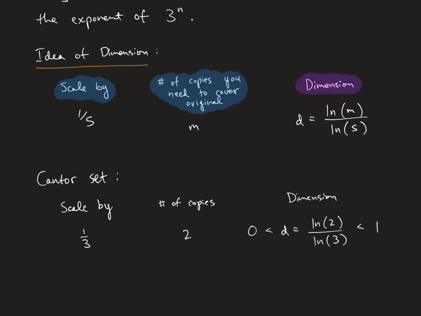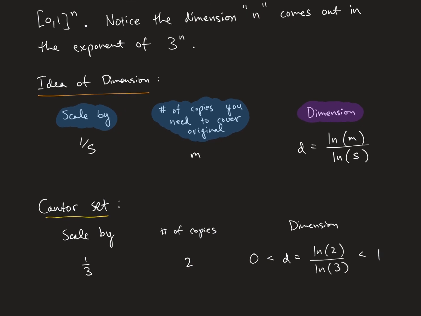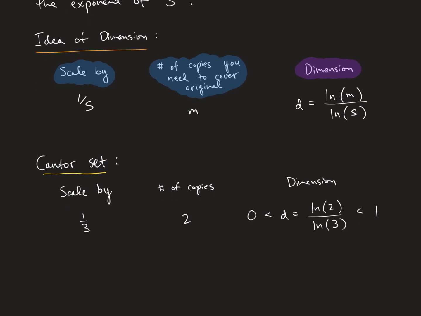Okay, so kind of a funny idea. First of all, this is not even really rigorous. I've only indicated the basic idea of dimension. But in fact, one can make this whole thing rigorous and show that this is the correct dimension of the Cantor set.